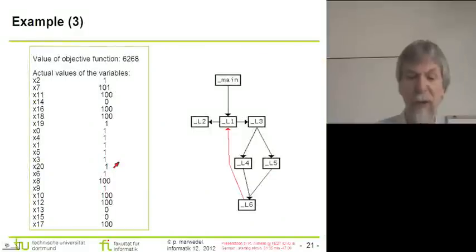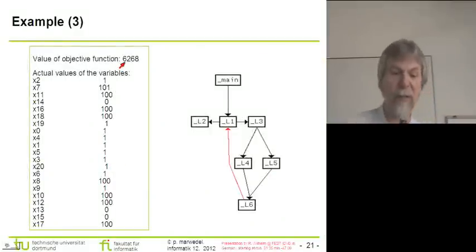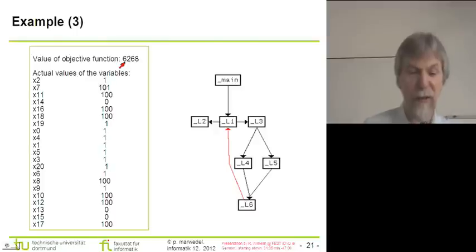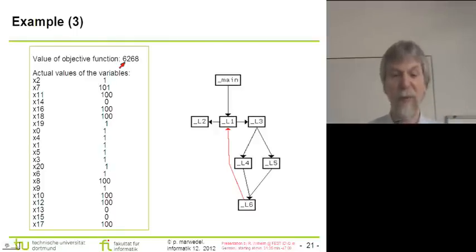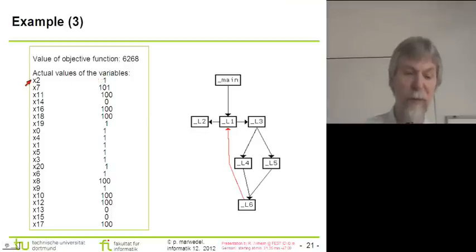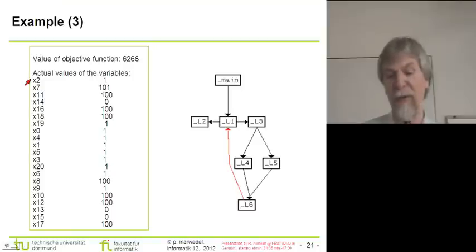Now our solver would generate one result. It would tell us that the worst case execution time corresponds to 6,268 cycles. And for this worst case execution time, we also have certain values for the variables that are reflecting the number of iterations. x2 is equal to 1, well, that's the number of iterations for the main body of the program.